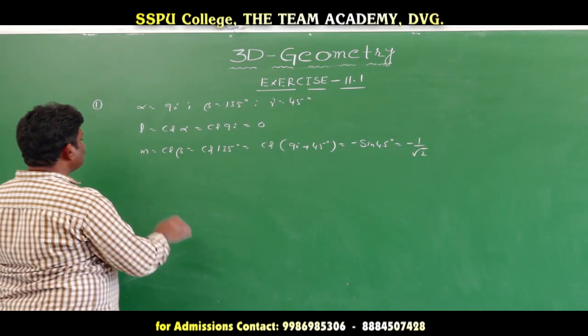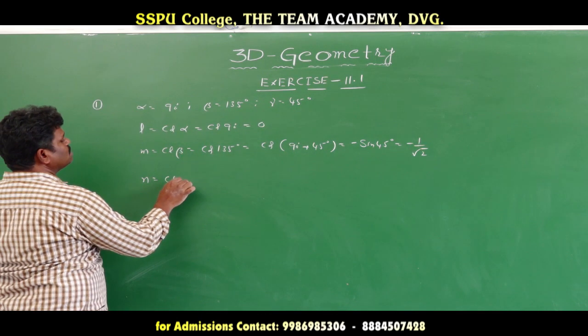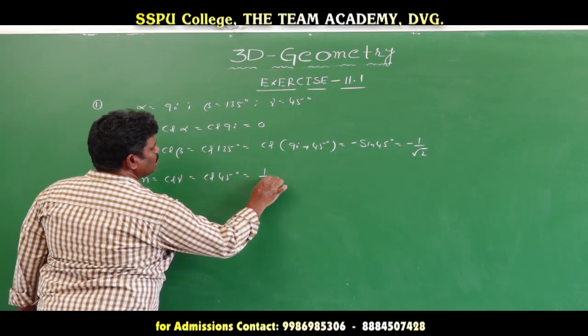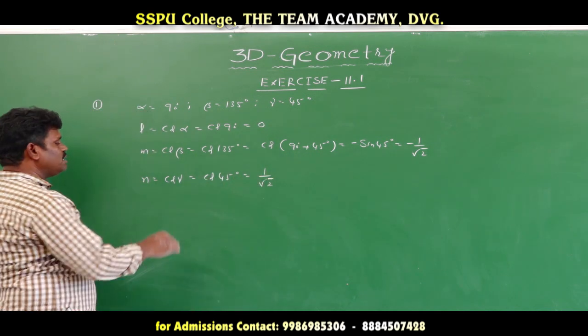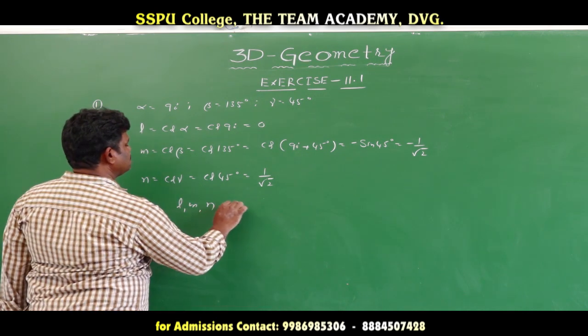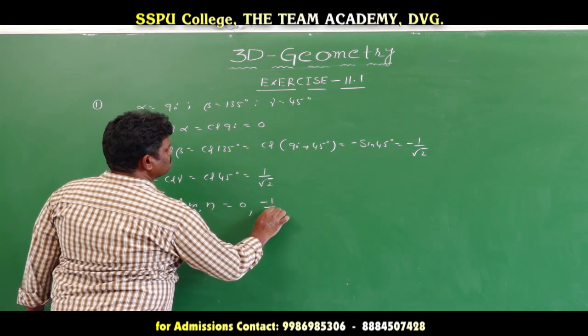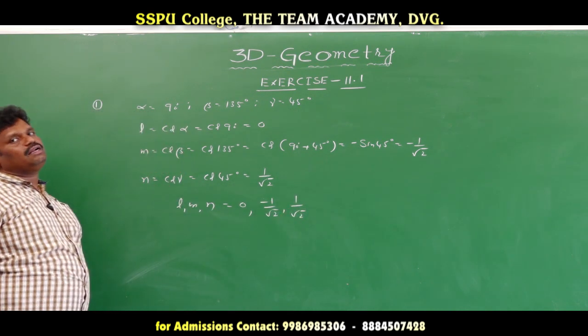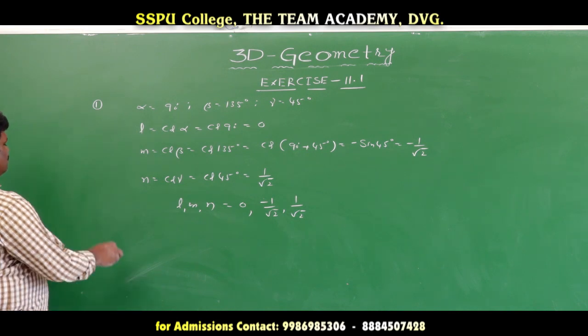Then n is equal to cos gamma, which is cos 45 degrees, so 1 by root 2. Finally, the direction cosines of the given line, l, m, n, are 0, minus 1 by root 2, 1 by root 2. These are the direction cosines of the given line.